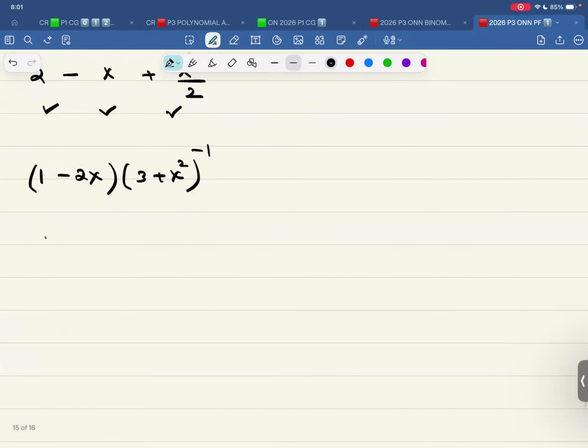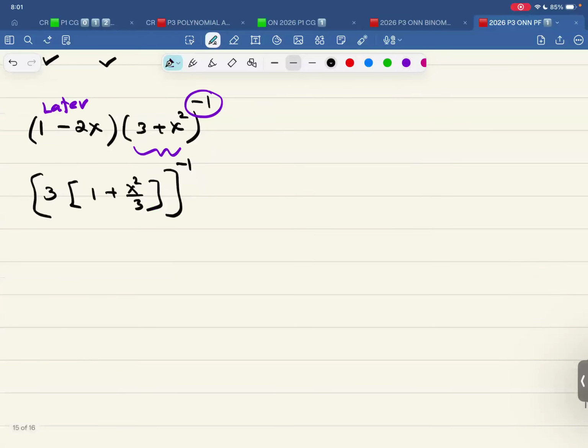Now over here, just focus on (3 plus x squared) raised to the power of negative 1; 1 minus 2x later. So 3 common, (1 plus x squared over 3) raised to the power of negative 1. This is 3 raised to the power of negative 1, times 1 plus negative 1 times x squared over 3, divided by 1 factorial.